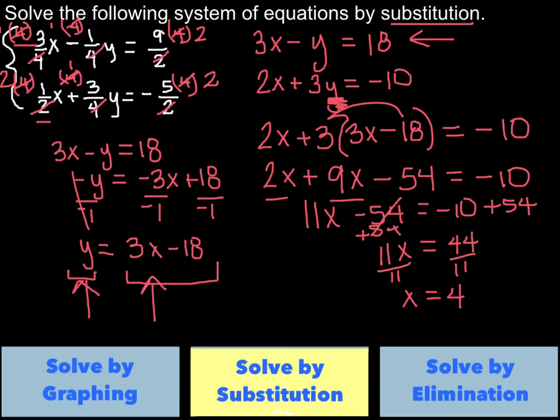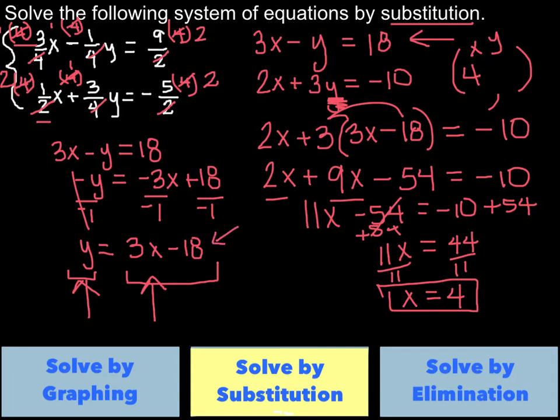Now I'm not done, because remember, the answer is always an ordered pair, and it has to be in order. I got x first in this case, so I got the 4. Now remember, I have been working in the second equation, so to get the y value that goes with this x, I go back to the first equation and plug in for x.